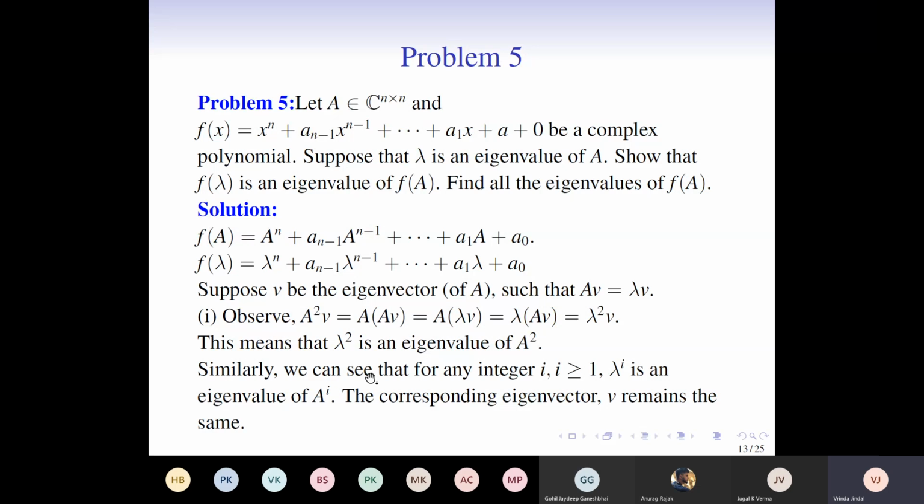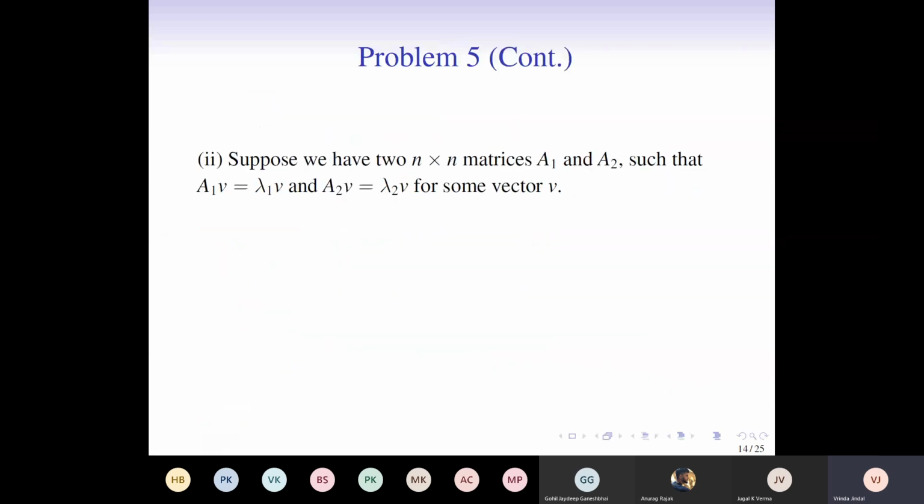So what does this mean? We have shown that A square has an eigenvalue lambda square. So you just keep on doing this and prove it by induction, or just observe it. You will get that lambda raised to power i is an eigenvalue of A raised to power i, and the corresponding eigenvector v remains the same.